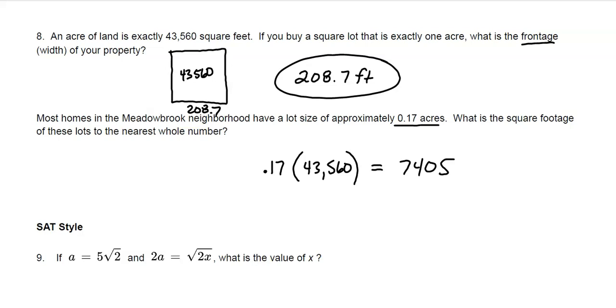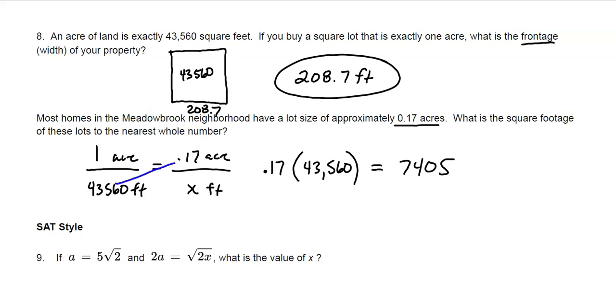You also could set up a proportion. You could say 1 acre is 43,560 feet, so 0.17 acres is how many feet? And if you wanted to, you could cross multiply, and 1 times x is just x, so that gives you your answer. You're basically just doing what I did to the right there.